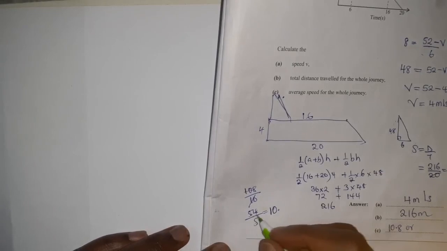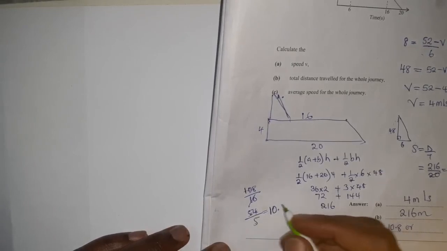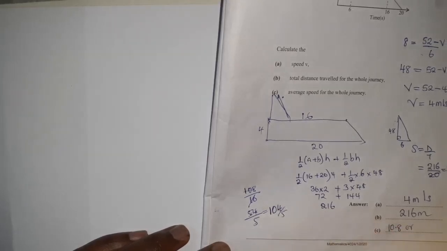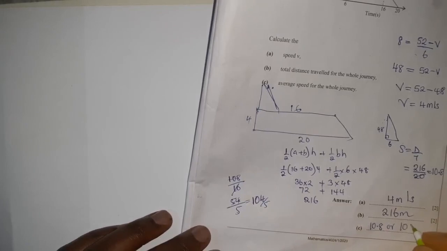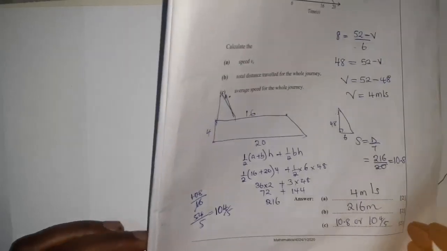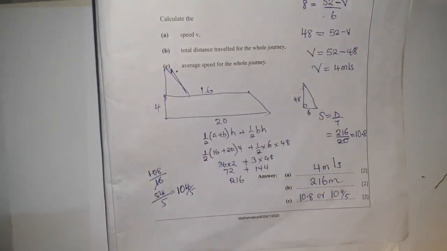Even you can say it goes into here 10 times with remainder 4 over 5. Even this one is acceptable. So it could be 10 4/5. Okay, that is your average speed.